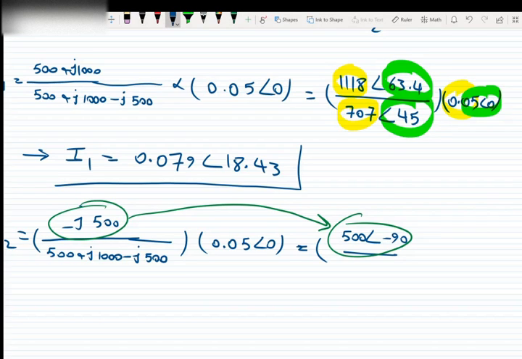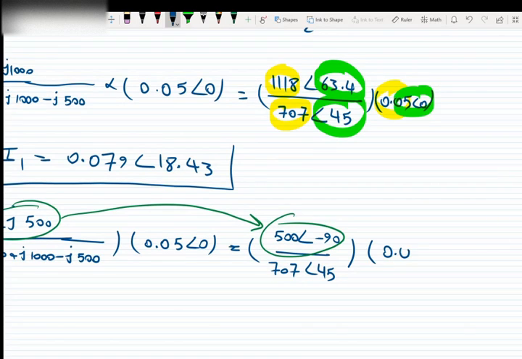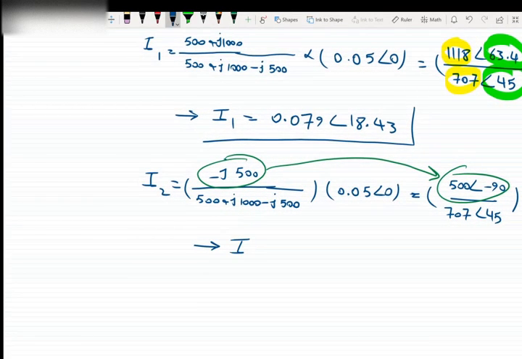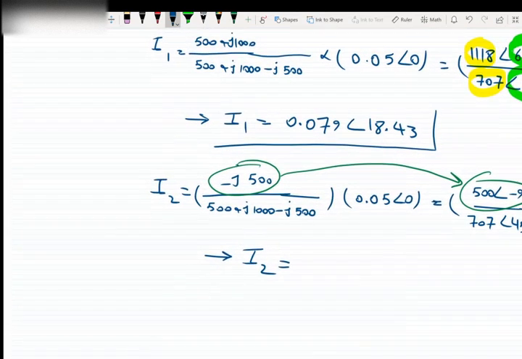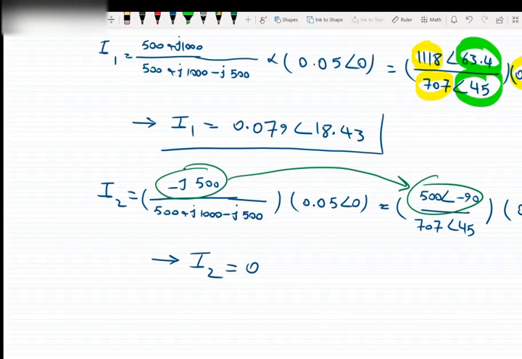Over 707 with the angle of 45 times 0.05 with the angle of 0, which is equal to I2, 0.035 with the angle of negative 135.